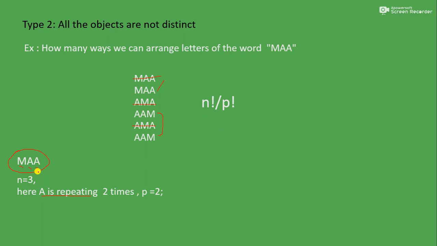So n equals 3, and we can solve using 3 factorial divided by 2 factorial. Why 2 factorial? Because A is repeated twice. So we calculate: 3 into 2 factorial, divided by 2 factorial.